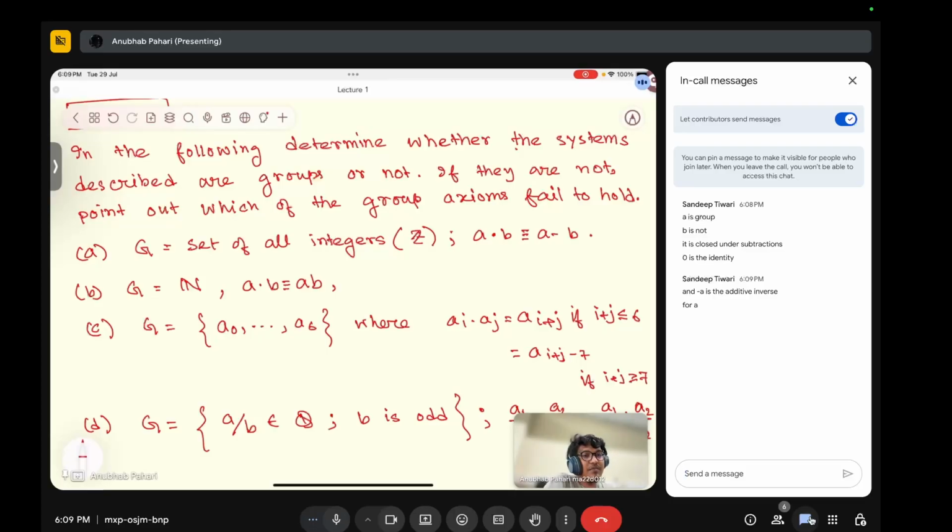Yeah, all of them are fine. But what about associativity? Can anyone else tell me?